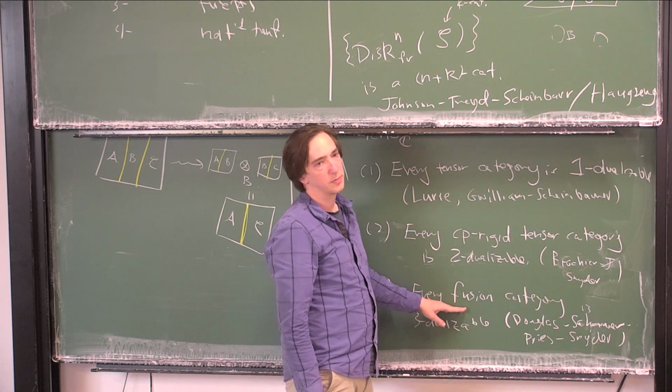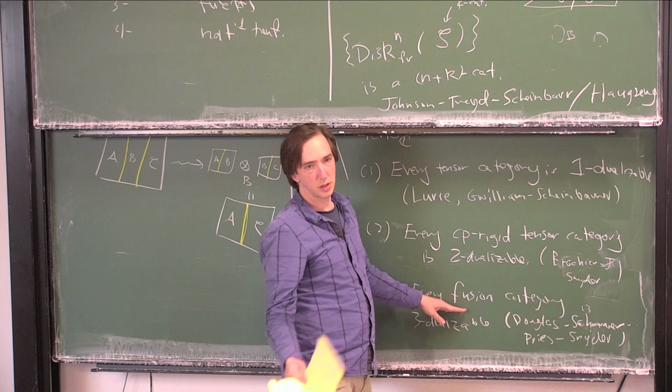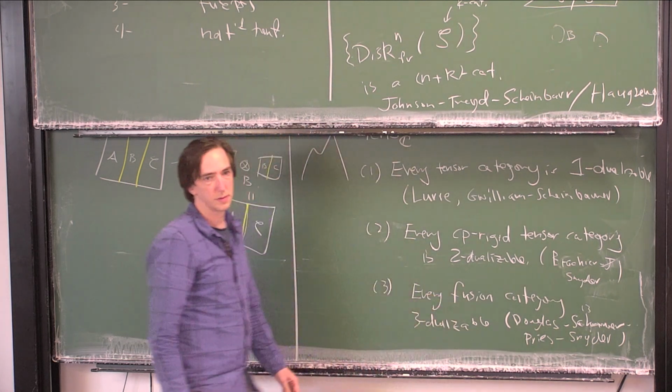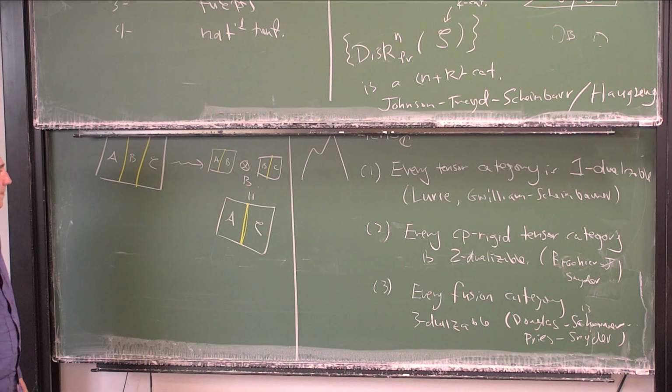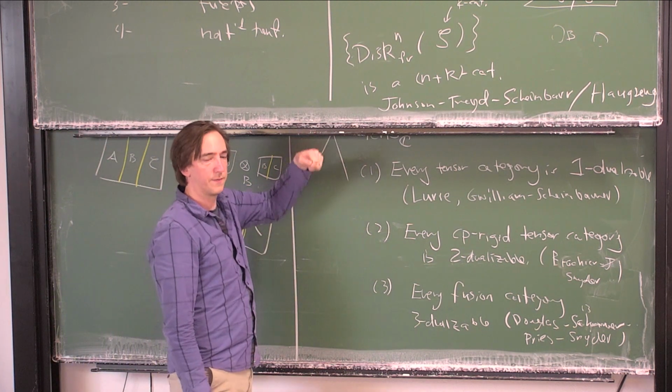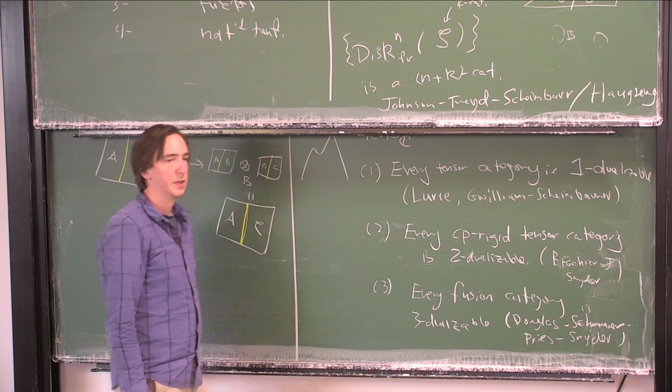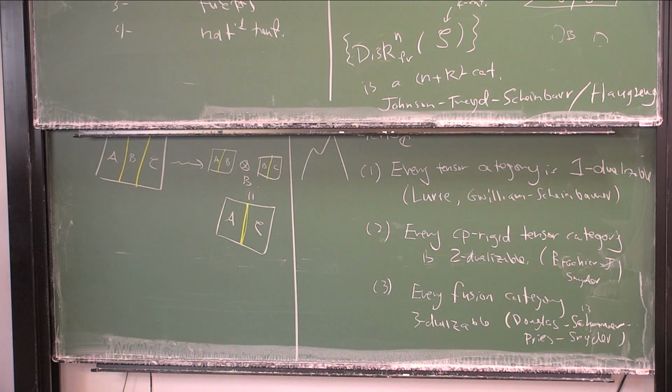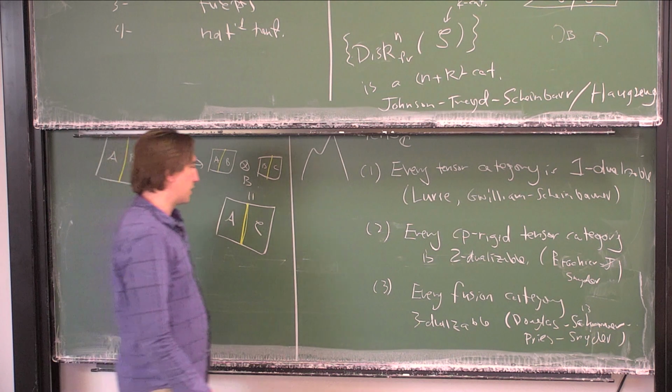And then 3 dualizable is that those have adjoints, that the unit and co-unit have adjoints. Yeah, thank you. So there's an iterative process and you're just climbing up a ladder, and if you get high enough, you say you're K dualizable. Okay, good question. So every fusion category is 3 dualizable.